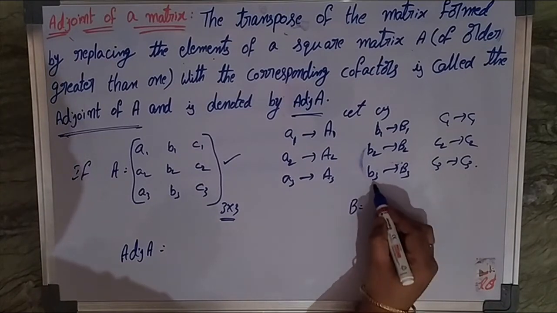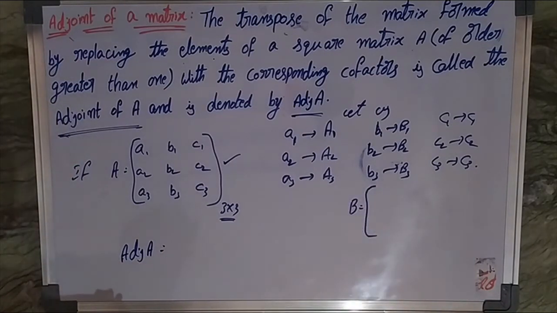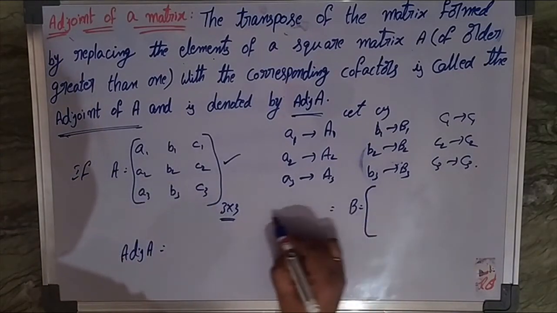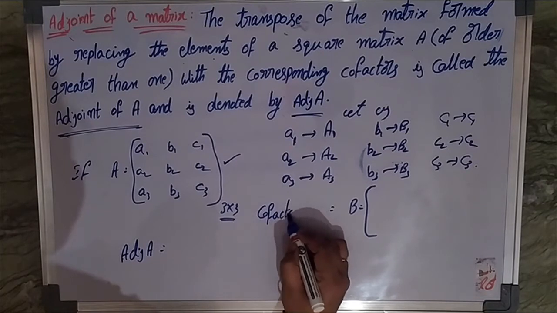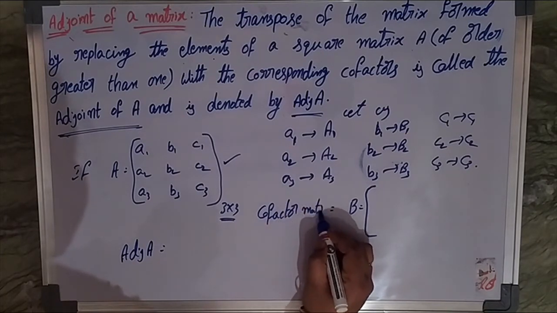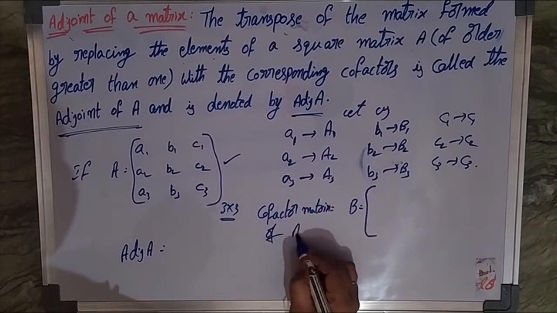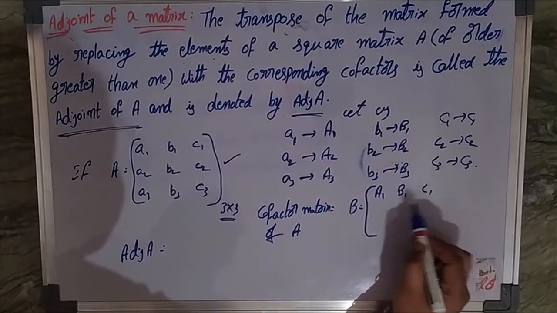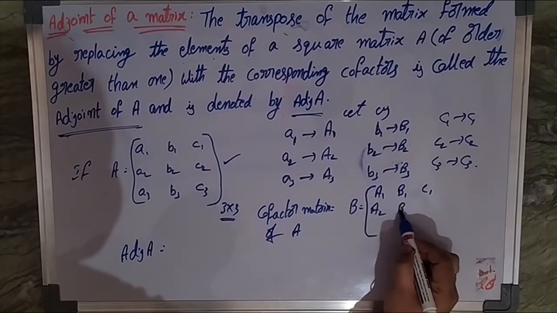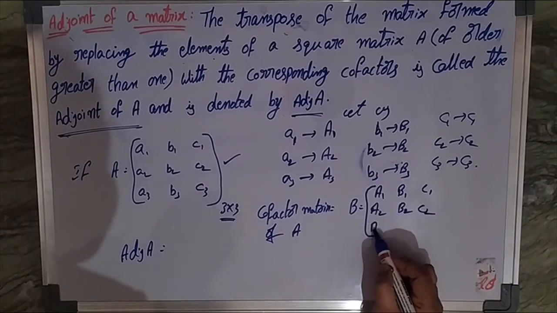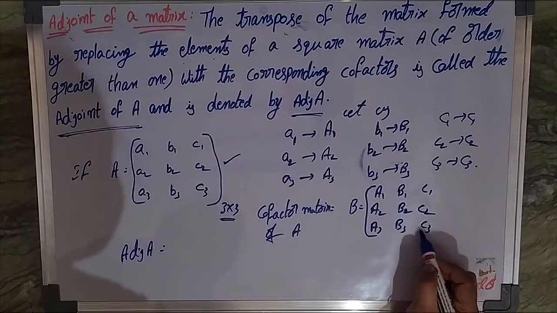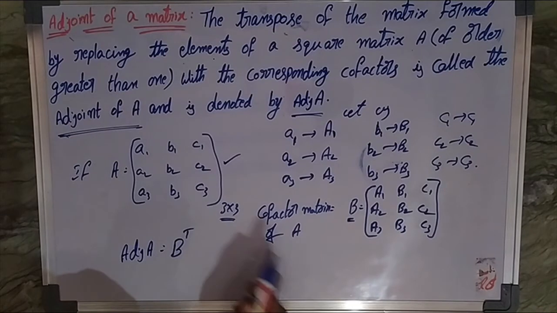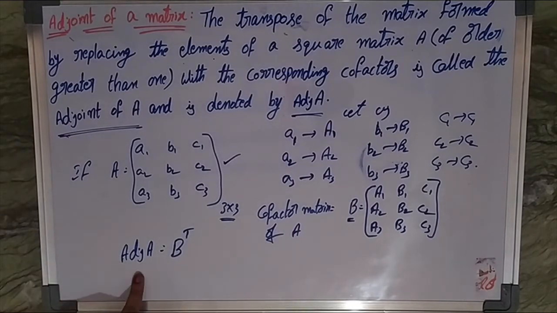Let capital B be the cofactor matrix of the given matrix A, that is capital A1, B1, C1, A2, B2, C2, A3, B3, C3. Then this matrix transpose is called the adjoint of A.